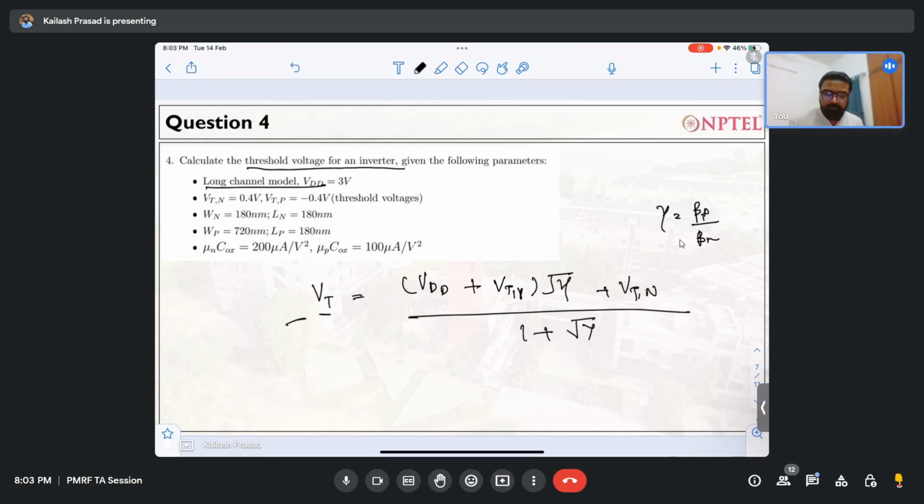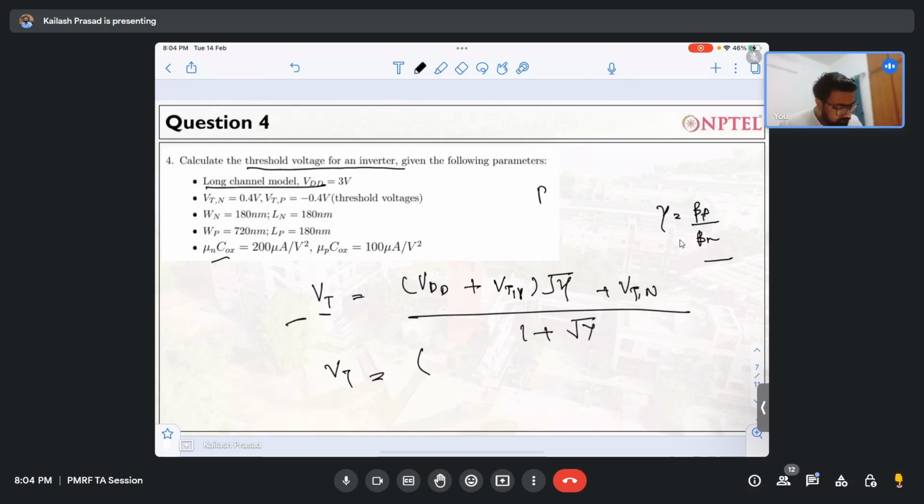If you put all the appropriate values, how much V threshold will you get? Anybody want to solve? You just have to put in the formula. Beta p by beta n, how much is it?